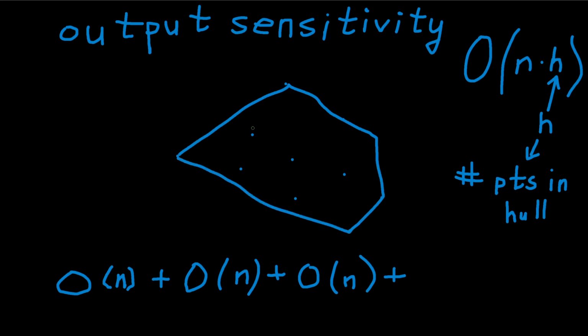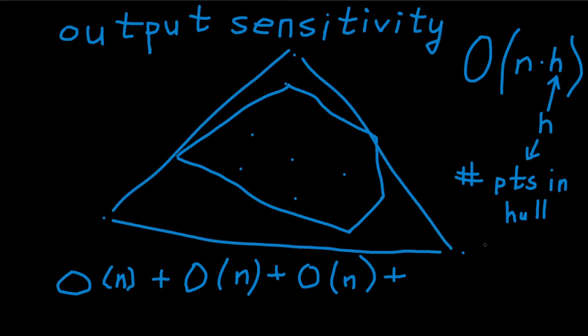In this example, there's 5 points not included in the convex hull, and there's 5 points included in the convex hull. So h is half of what n is. And in fact, h can be arbitrarily smaller than n. If we take any point set, and then add 3 points, forming a triangle around all the other points, then suddenly there's only 3 points in the convex hull. So h can be very small compared to n. It's not always very small compared to n, but it can be.